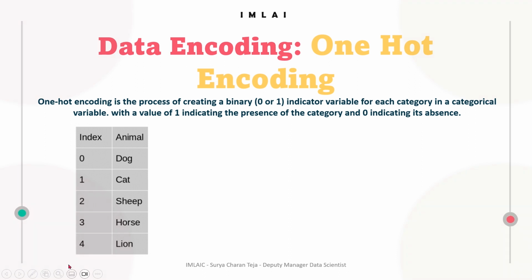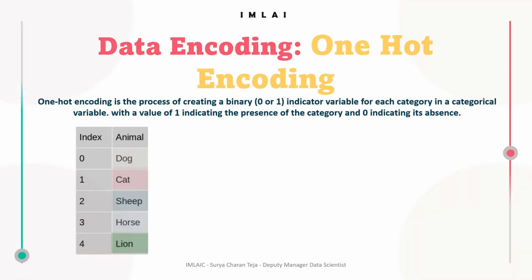In the animal variable, you will have animals like dog, cat, sheep, horse, lion. This animal variable is a nominal variable and it consists of only 5 categories: the first is dog, second is cat, third is sheep, fourth is horse, and fifth is lion.